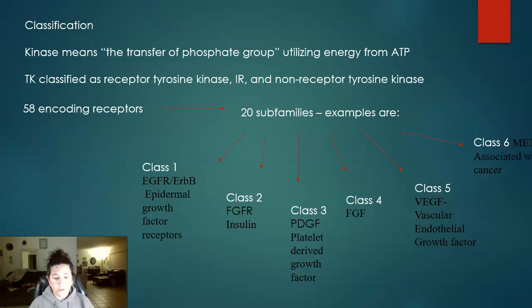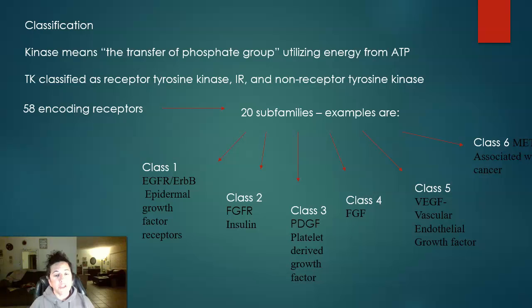Before I touch on those, I would like to further explain that the ligand binding region in the extracellular domain is followed by a single transmembrane helix and the cytoplasmic region. I'm going to be referring to a picture on the next slide, so keep that in mind.